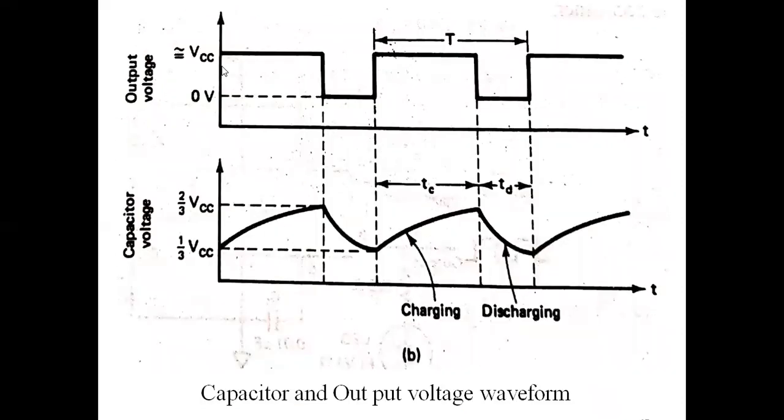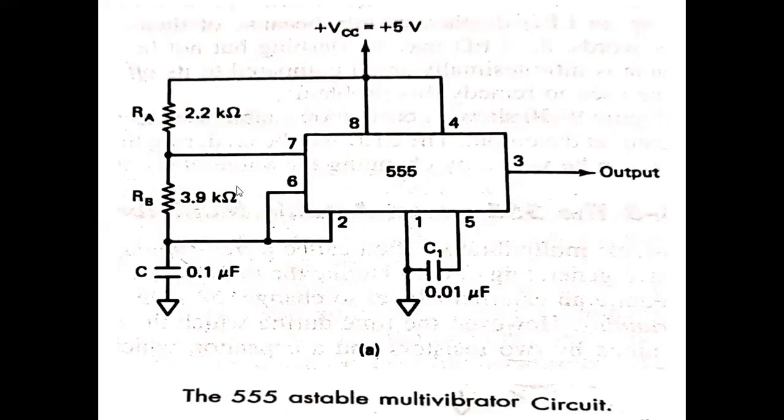It is going to charge towards VCC through this RA and as well as RB. This capacitor is going to charge through RA and RB towards VCC.